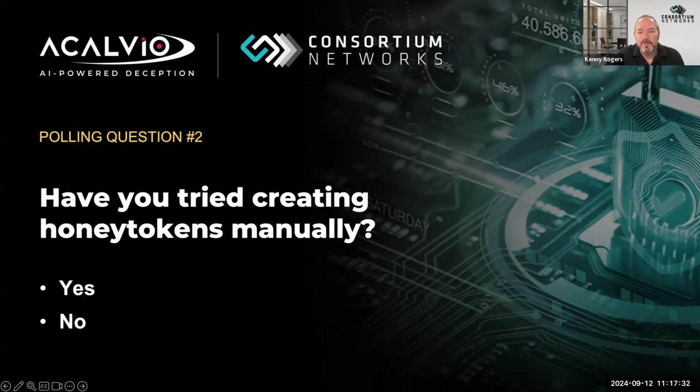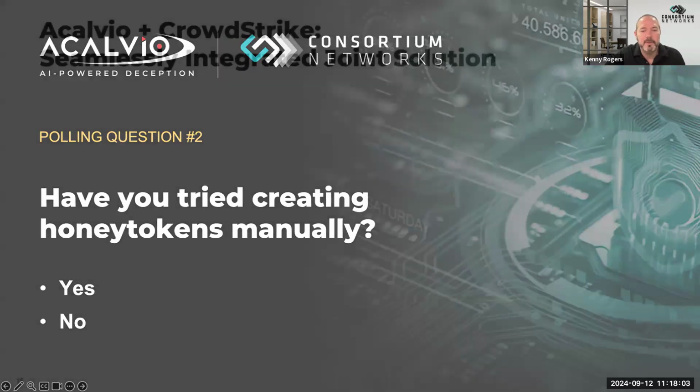Let's go ahead and end the poll and see what the results are. So the majority of the responses are that we haven't created honey tokens manually. 2 out of 7 or 29% have. And so that kind of goes in with what we're talking about today. Appreciate everybody responding on that. Cyril, you're up next.